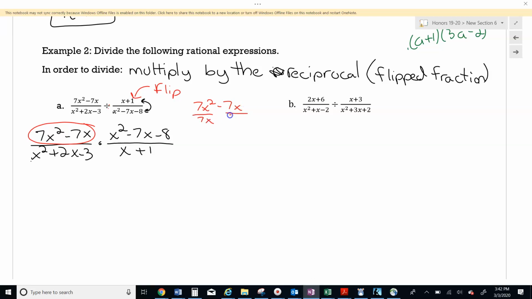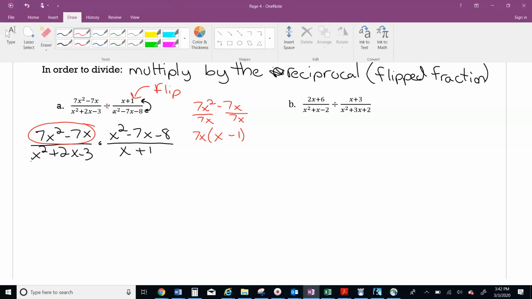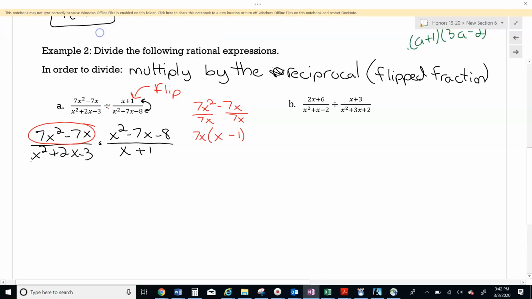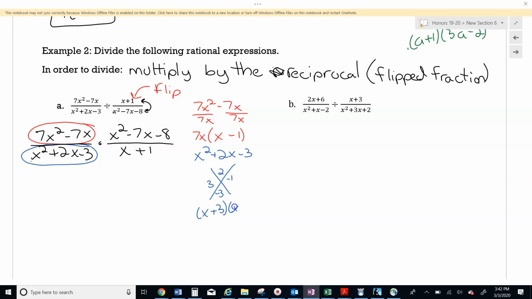I can take a 7 and an x out of both of these. I'm left with 7x times x minus 1. X squared plus 2x minus 3. No GCF, so I'm going to add to 2. Multiply to negative 3. That's 3 and negative 1. So I have x plus 3, x minus 1.